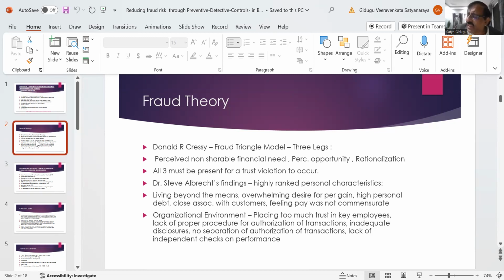In every fraud case, some trigger of the fraud triad might have been breached. Cressey's fraud triad or fraud triangle has the perceived non-shareable financial need.